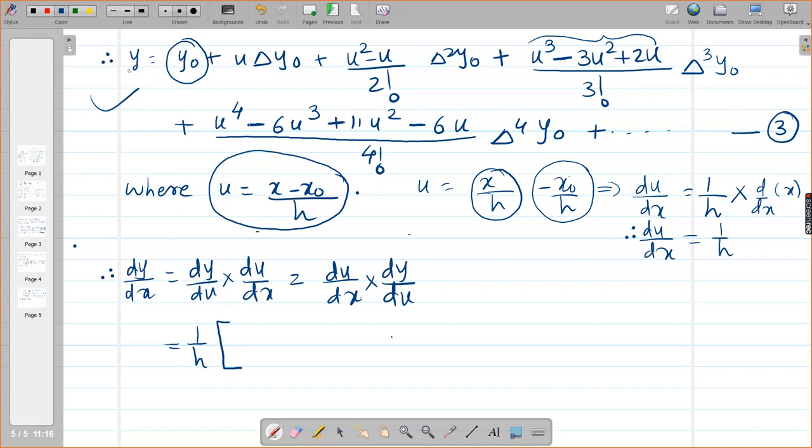It is a constant, then its derivative is 0. Correct. It doesn't involve any u thing. Therefore, its derivative with respect to u, rather with respect to any variable, is 0. What is the derivative of u times delta y naught? It is only delta y naught.